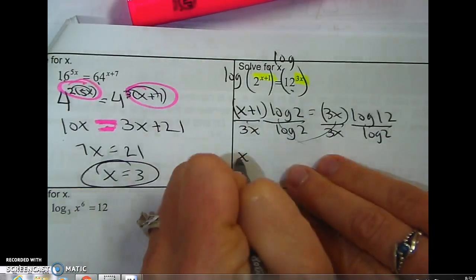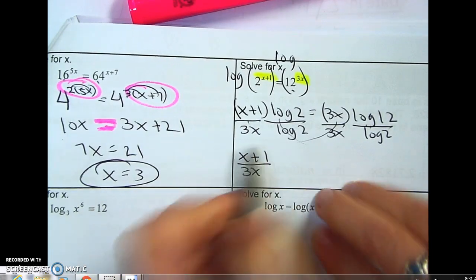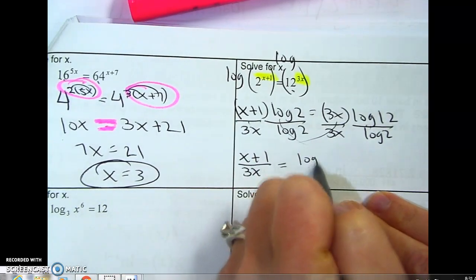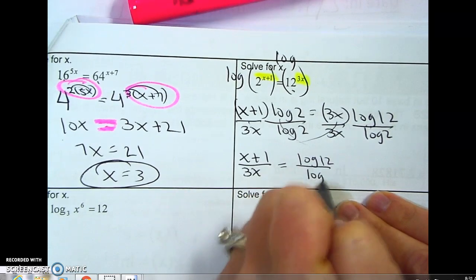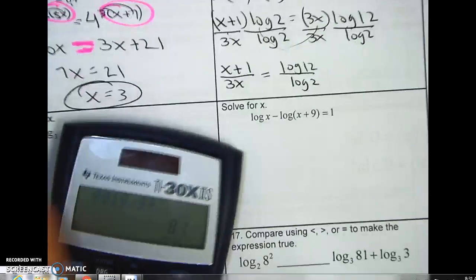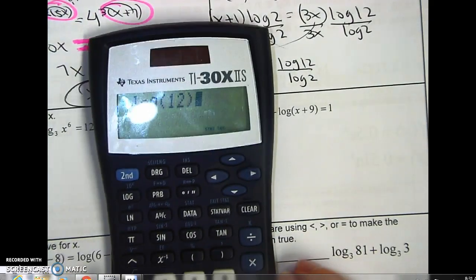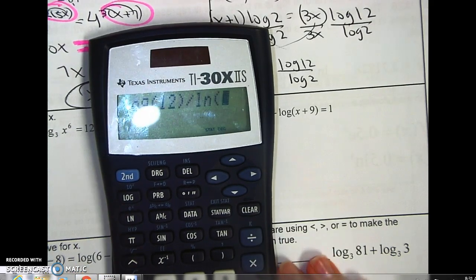And then I'm going to be left with x plus 1 over 3x equals log 12 over log 2, whatever that is. Actually, I'm going to probably need more paper for that. So I'm going to go log 12, and then divided by log 2.